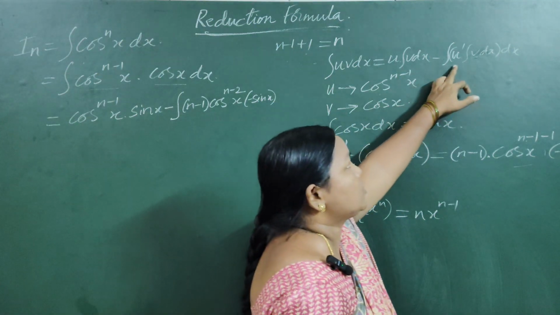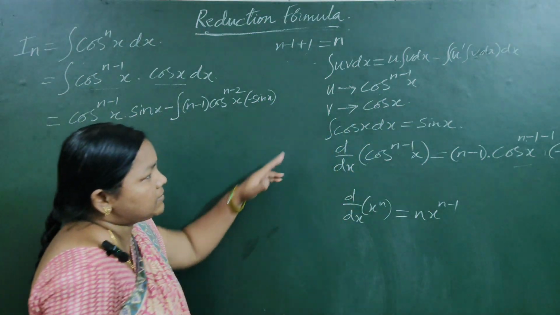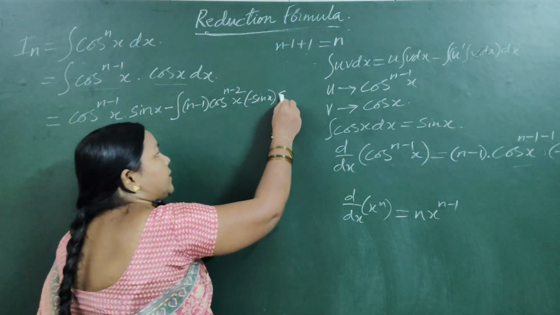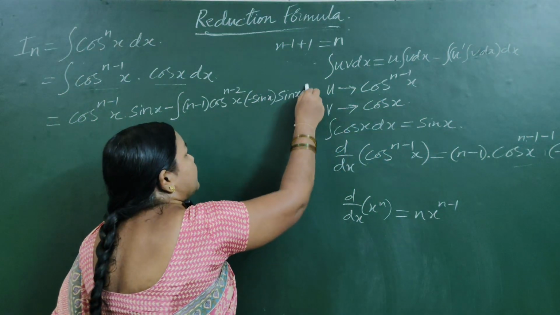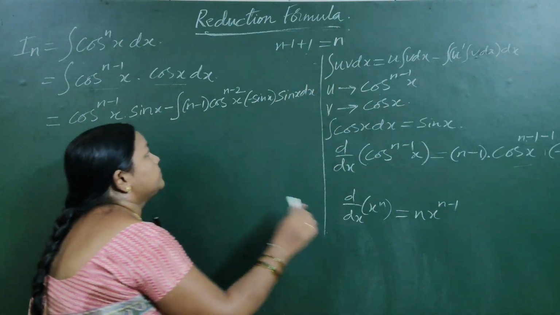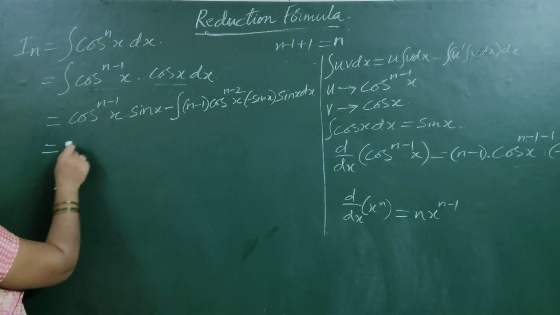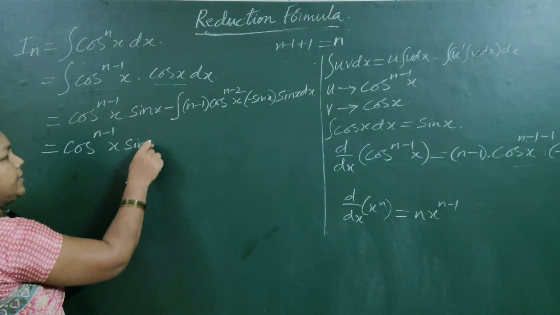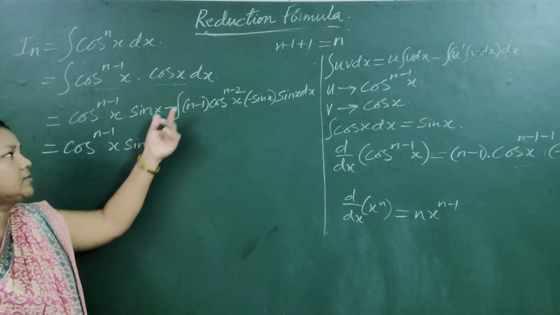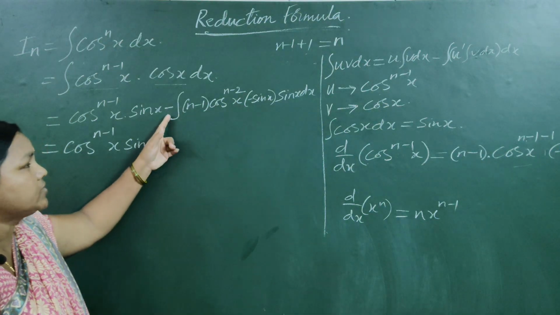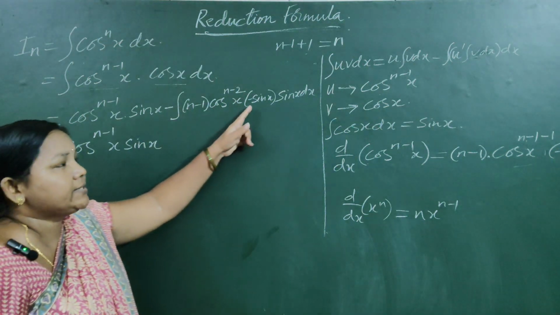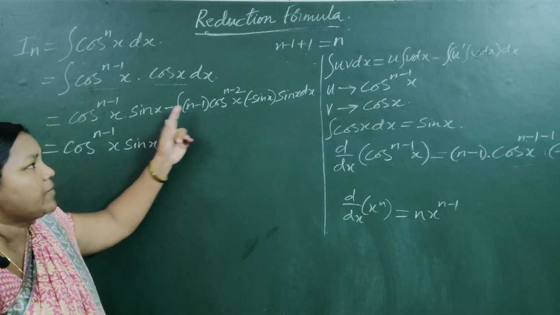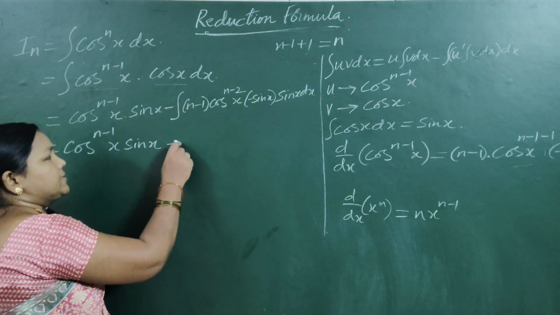Next is integration of v. Integration of v means integration of cos x dx, that is sin x into sin x dx, that is equal to cos to the power of n minus 1x sin x. See here, there is two minus signs. One is outside the integration, another one is inside the integration. When we multiply these two signs, that is minus into minus becomes plus sign.